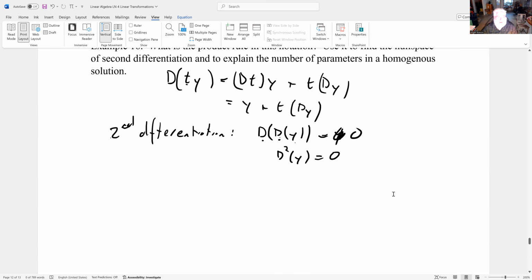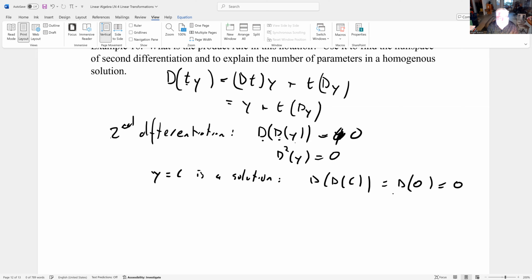What does that have to be? Well, we know y equals a constant. The second derivative of a constant is the derivative of the derivative of the constant. The derivative of a constant is 0, so it's just the derivative of 0, which is just 0.